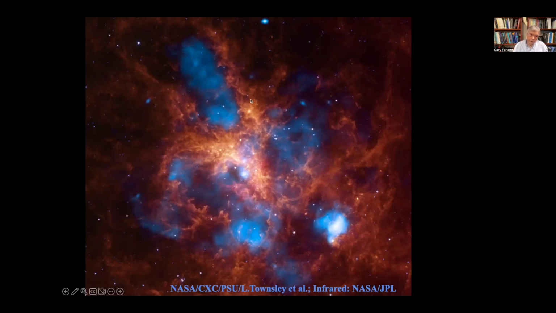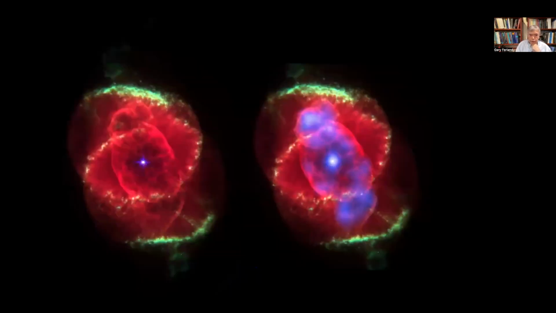You see the cool phase. I believe she used PAH emission as part of it. And there's the bright H plus layer, which is at 10,000 degrees. And then the blue gas is X-ray emitting. So there are all three of these possible phases emitting at the same time.